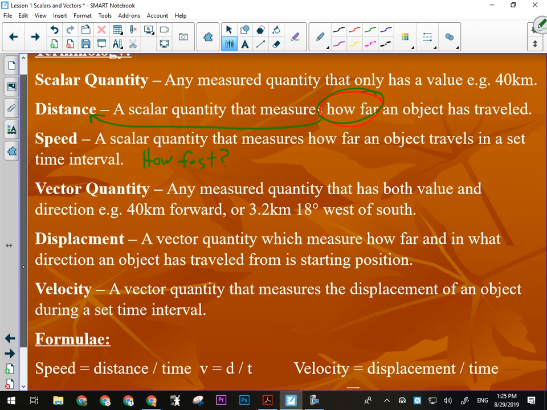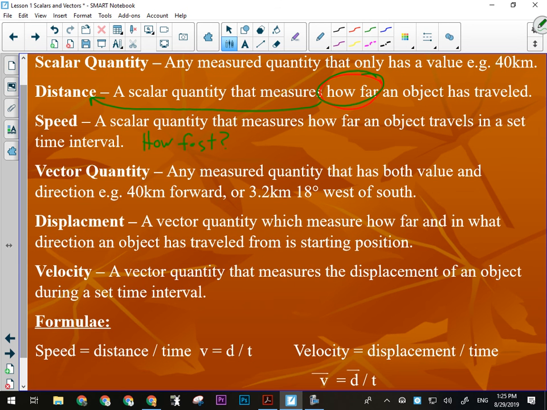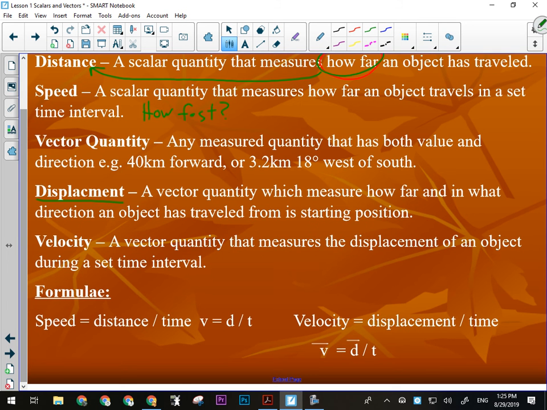Displacement is a vector quantity which measures how far and in what direction. That's how a question would phrase it. How far and in what direction means it's looking for displacement. Velocity is how fast and in what direction did this thing go, because it's a vector quantity that measures the displacement during a time interval. And then obviously these are our two formulas.